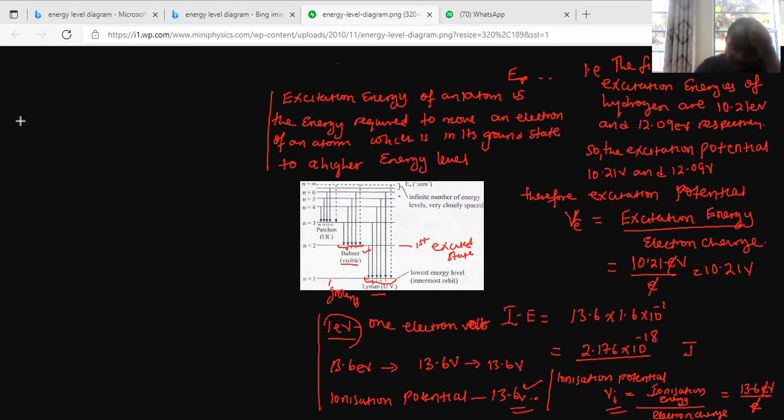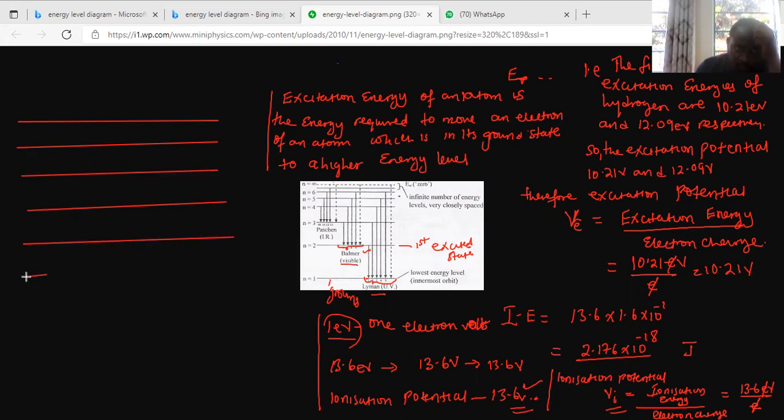So the question says, below is a spectrum of an atom.